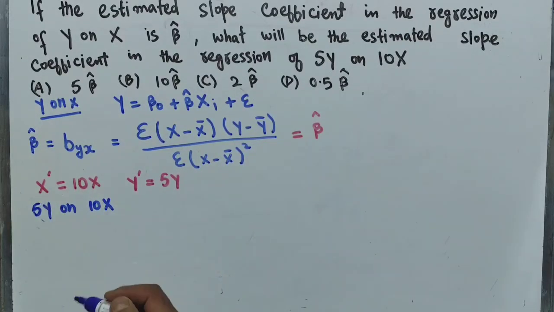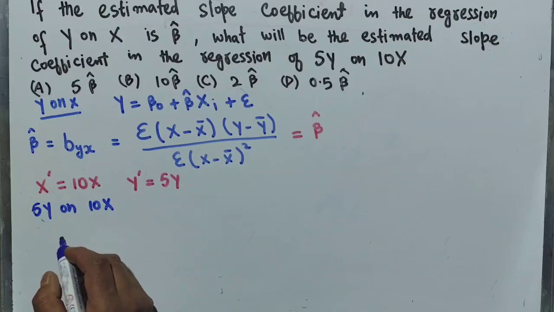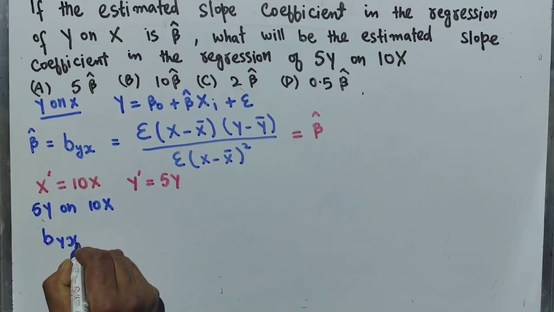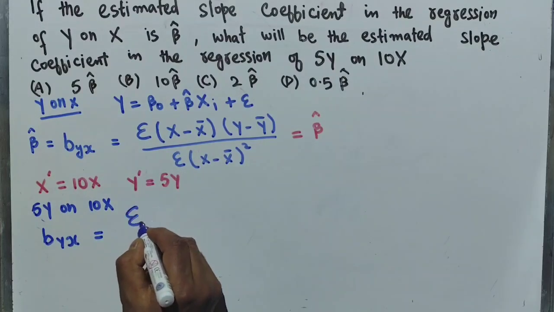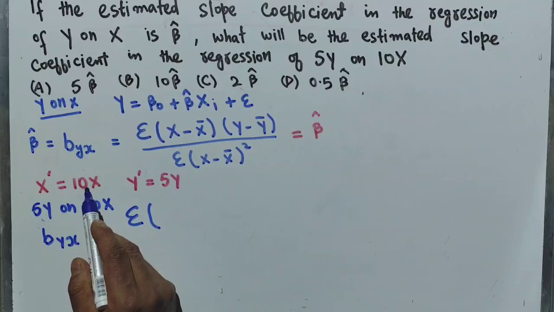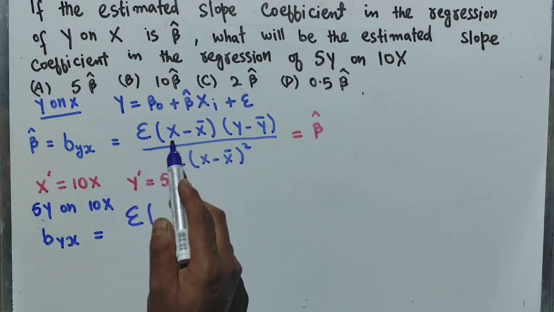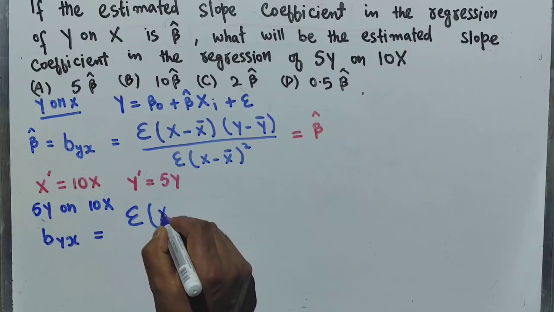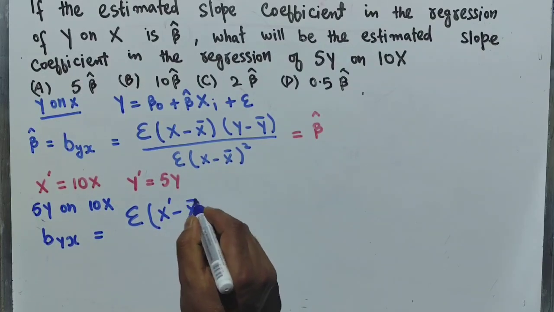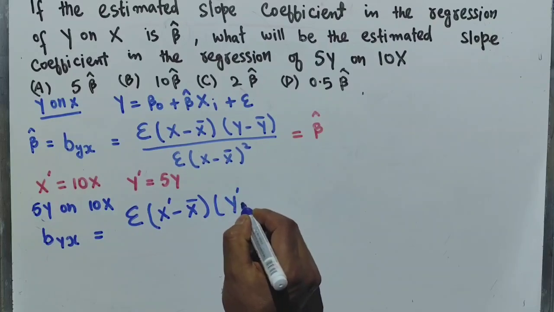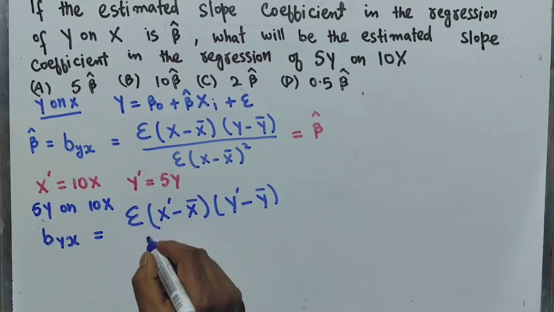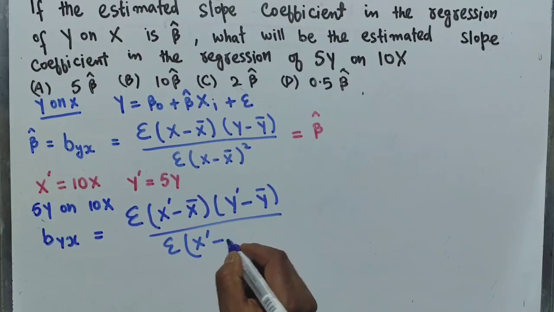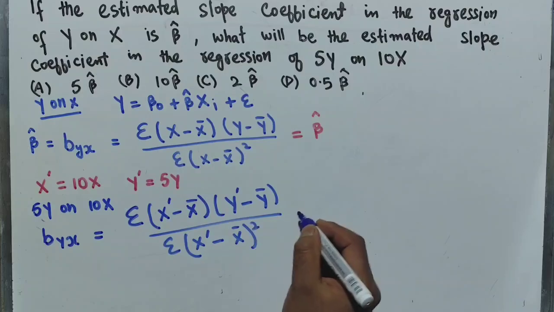That means we need to calculate the slope this time. So again, beta_yx will be equal to, using this equation, the summation of, in place of x this time we have 10x. So can I write it first like this: (x prime minus x bar) times (y prime minus y bar), divided by the summation of, in place of x we have x prime again, minus x bar whole square.